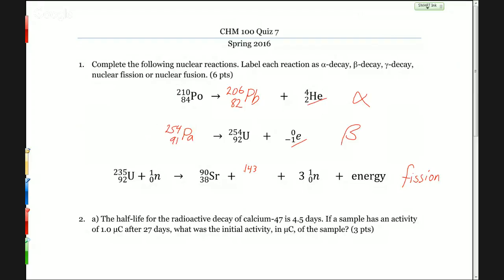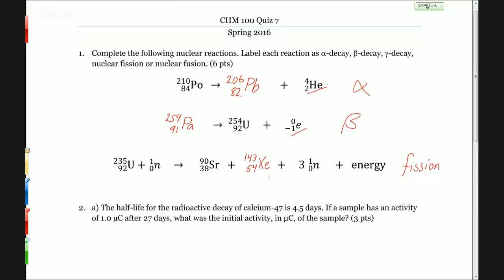So 38 plus what is 92? That would be 54. I believe that's right, isn't it? Any questions about that one? Good. All right. Now we'll look at some half-life.